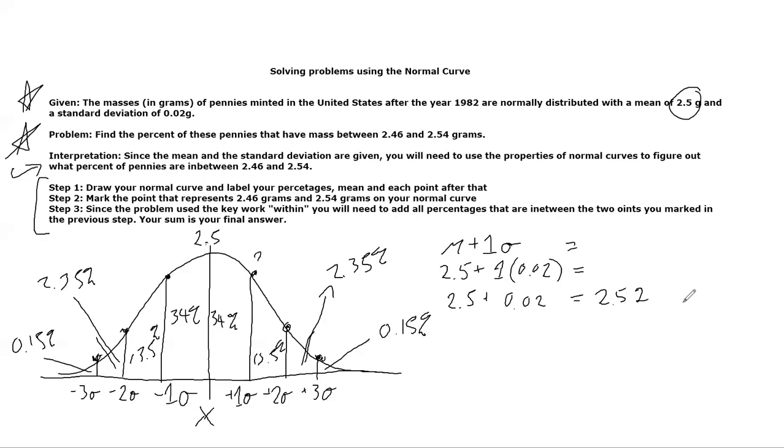This dot is represented by 2.52. To make this a little clearer, we can say that's a 0 right there, 2.50. This is 2.52 grams. These are all grams.